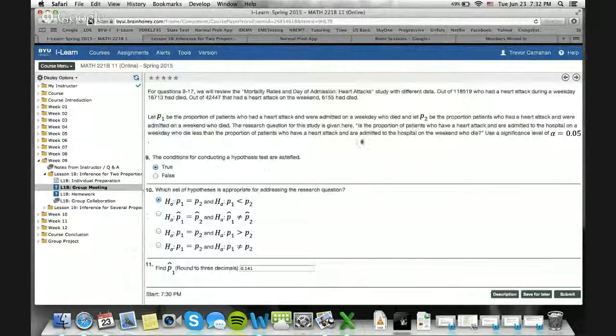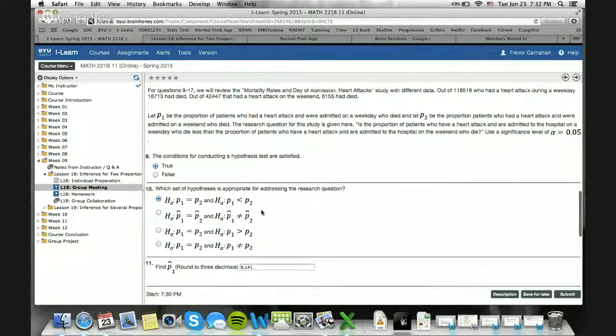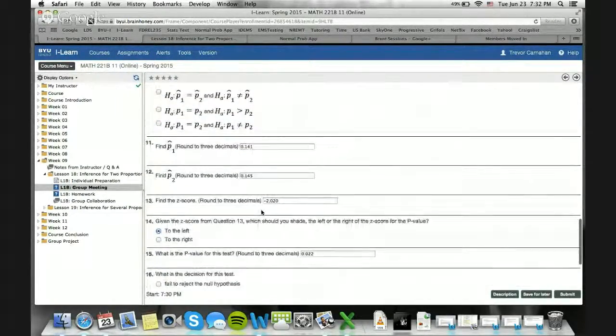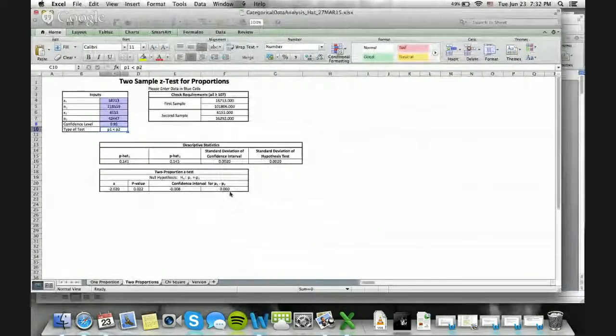And for 10, the question is the proportion of patients who have a heart attack and are admitted to the hospital on a weekday who die less than the proportion? So I did the first one. Yeah, that's what I did too. It spit out right here on Excel.